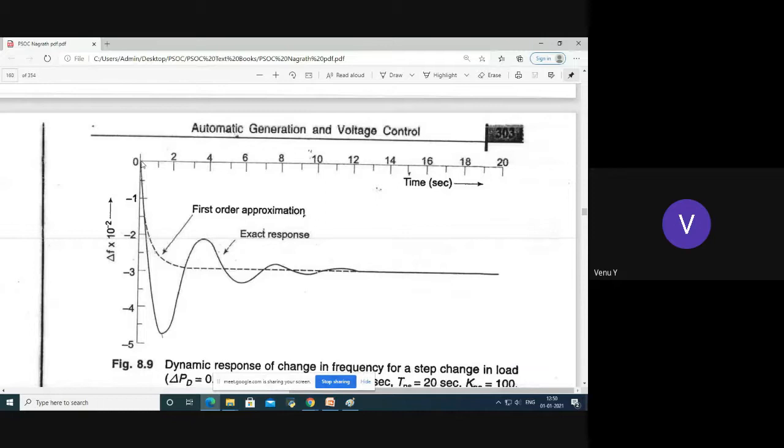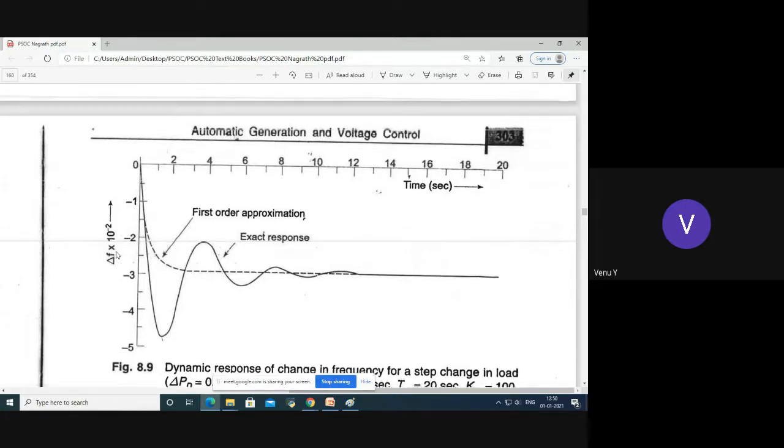That you need to understand. Delta F, delta PD, delta P, delta PC or delta P reference, all these are incremental changes in the parameters from the base parameters.